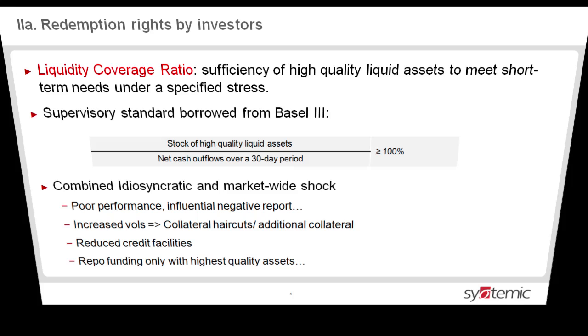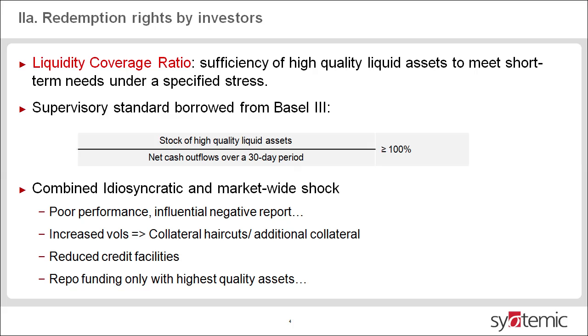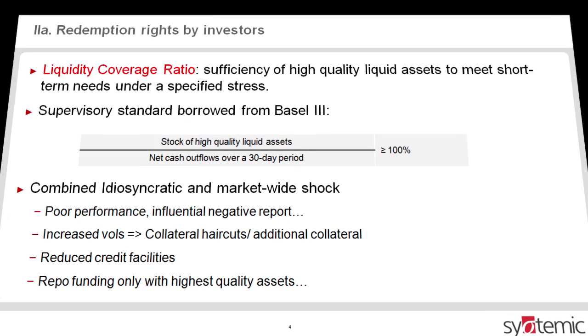For the stress scenario, in order to measure the cash outflows, we need to combine an idiosyncratic and a market-wide shock at the same time. For example, this would mean poor performance of your fund for one period or some kind of negative report that came out.